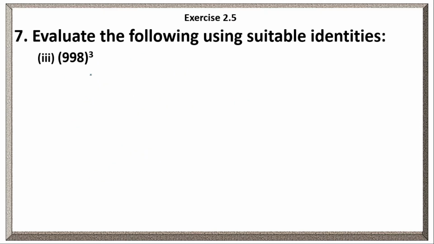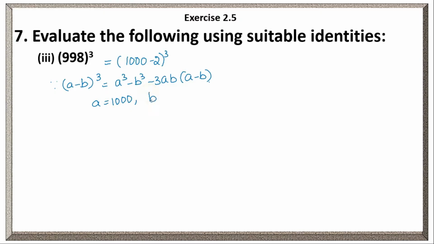Let's see the third bit. 998 whole cube can be written as (1000 minus 2) whole cube, right? Which is in the form of (a minus b) whole cube is equal to a cube minus b cube minus 3ab into (a minus b). Clear? Now what is there in the place of a? 1000.